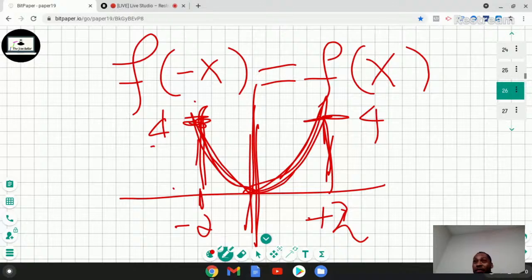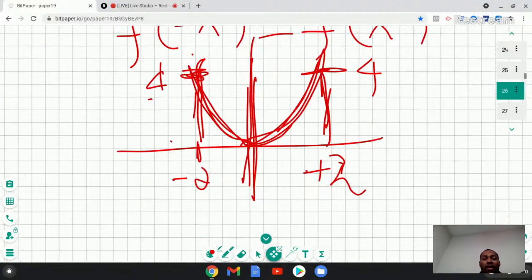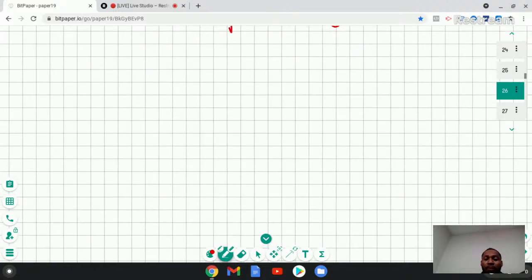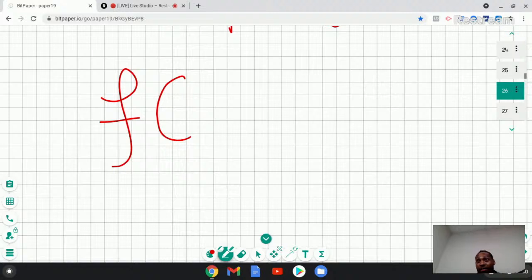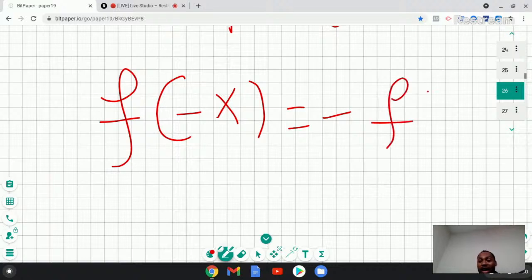Now, if the function is odd, what does that mean? An odd function means, and I want you to pay attention to this, if the function is odd, f of negative x is equal to negative f of x. What am I saying here? f of negative 3 is equal to negative f of 3.